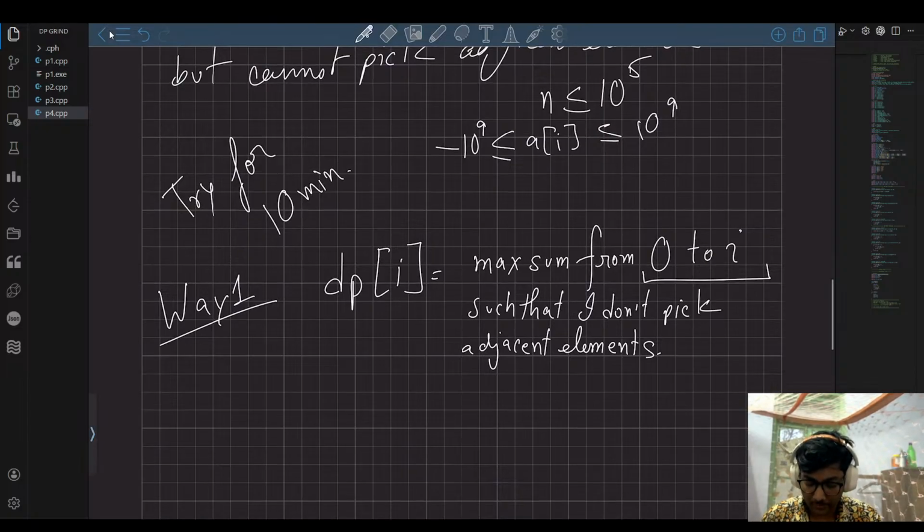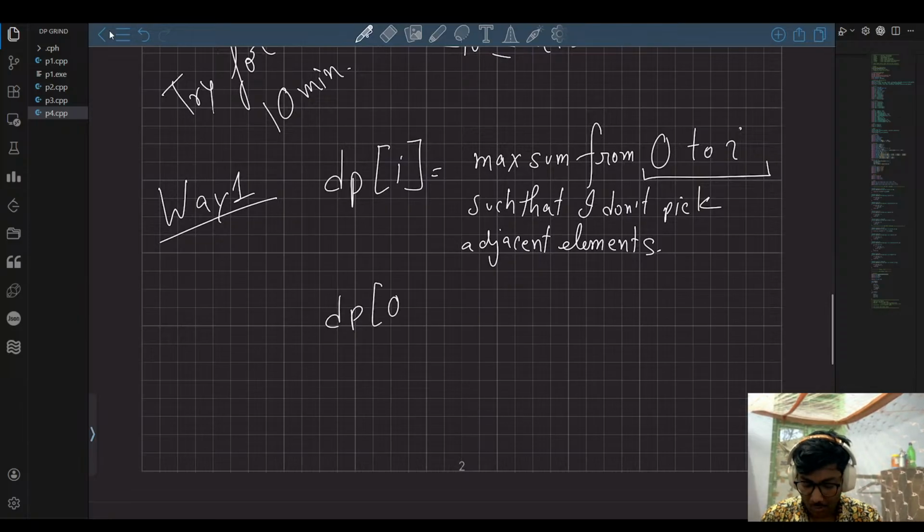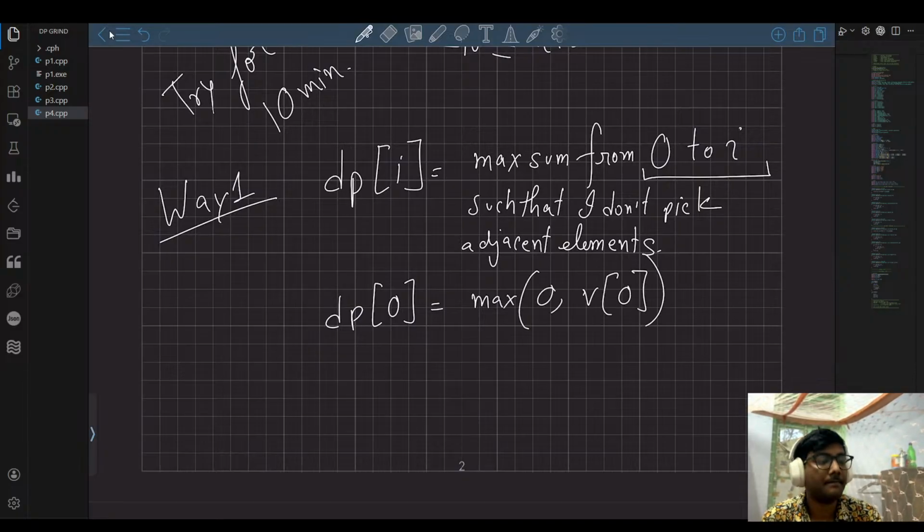So dp of 0 must be max of 0 comma v of 0. Since 0 to i I am considering, 0 to 0 I must know, and 0 to 1 I should know, right? So 0 to 0 is just kind of the smallest problem. If 0 to i is my area of research, now how to define the transition. So this can be the base case.